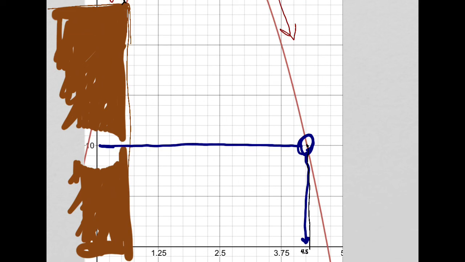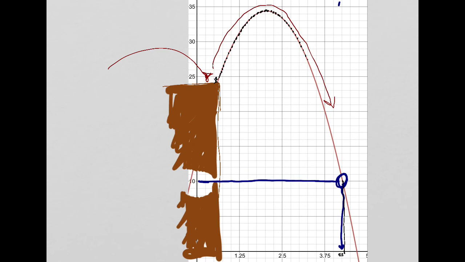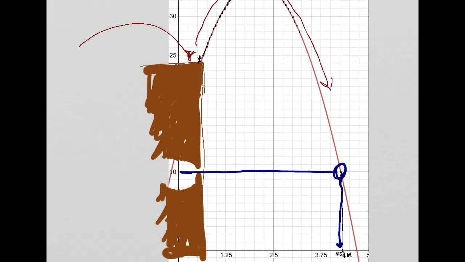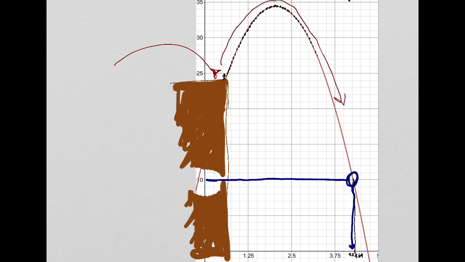If I were to follow that down to here, that would take me to 4.69. Hopefully with the graph and the picture that goes along with this problem, you have a better idea of what's happening versus just trying to use the equation to come up with some answer.